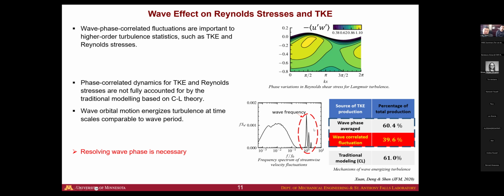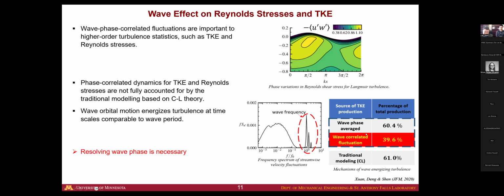But what is interesting here is that at frequencies comparable with the wave and even higher, those are the small scales in time and space. We see they have another peak, and another peak, and those effects turn out to be important.